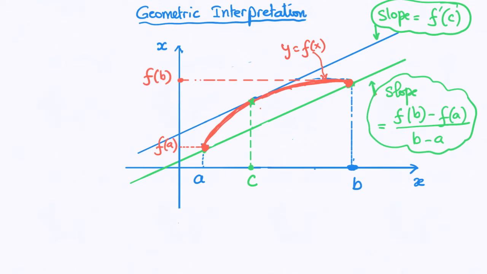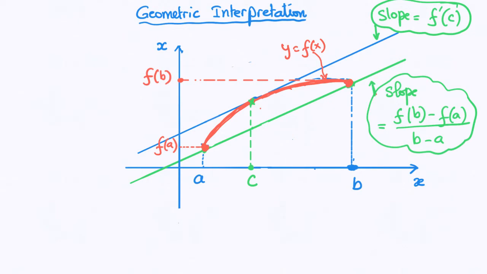In terms of the geometric interpretation of the mean value theorem, consider a function y equal f of x, which is graphed here in red, and the endpoints are (a, f of a) and this point here (b, f of b).